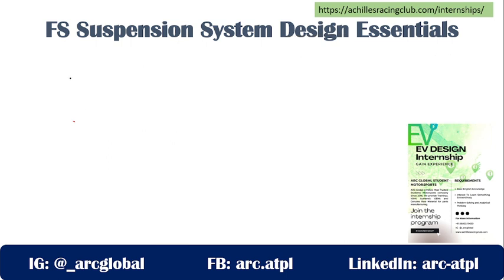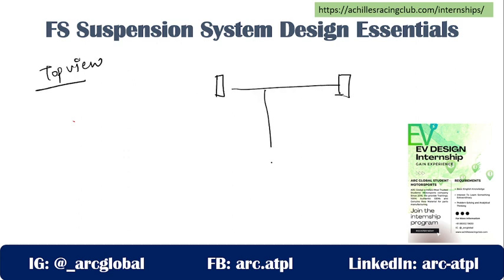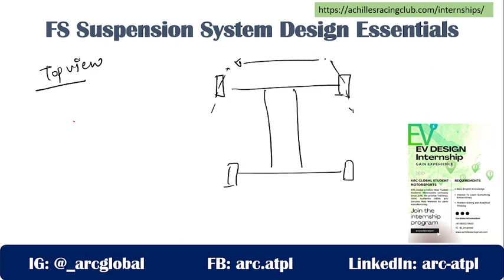Okay, now if I look at my vehicle from the top view, if both of these tires are inclined inward, then I will say this is toe in, which causes straight line ability.